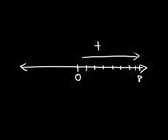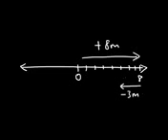During the first part of his trip, his displacement was positive 8. Then he traveled 3 meters west. So his displacement is negative 3. So now he's at position 5. And so his net displacement is 5 meters because he started from position A and now he's at position B, which is located at position 5.